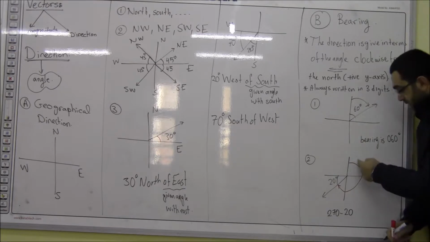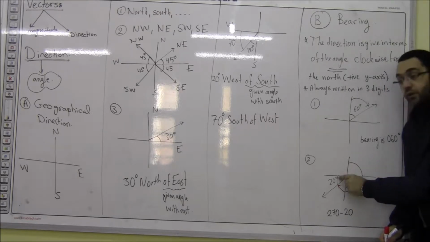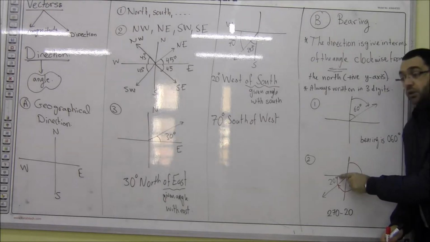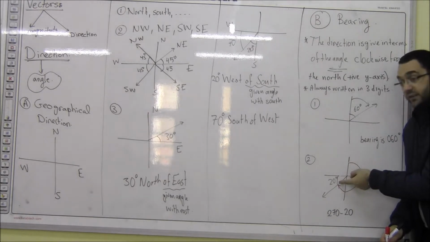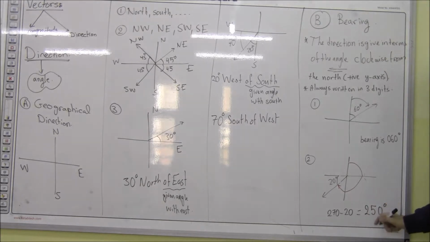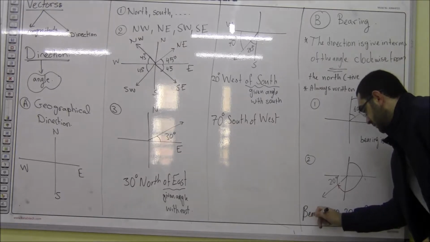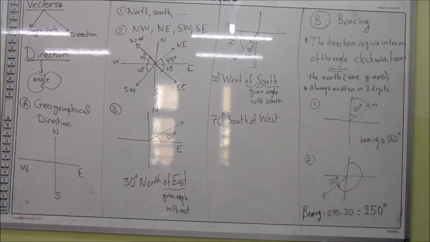The bearing up to this point is 270. From this position to this position is 270 minus 20, so it equals 250 degrees. So the bearing here is 250. Clear? Any question about this?